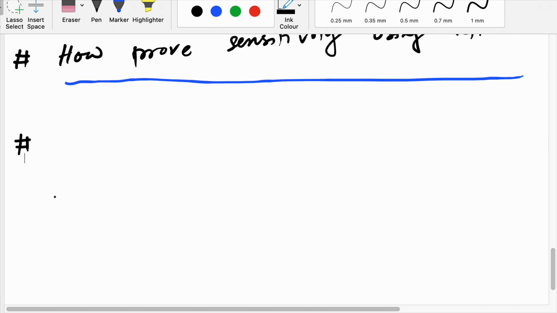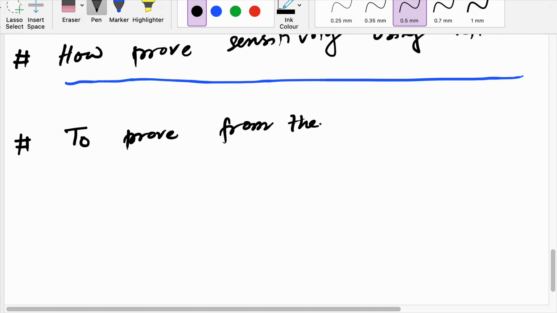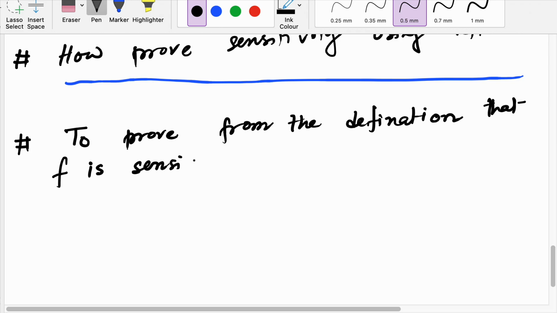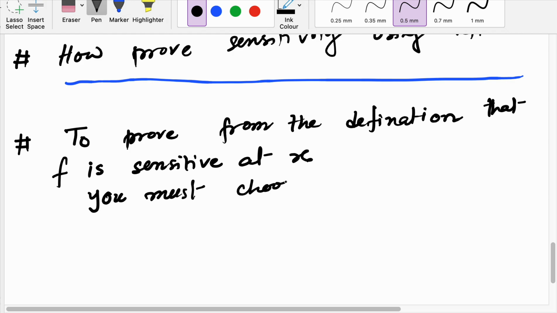To prove from the definition that f is sensitive at x, you must choose a constant delta.